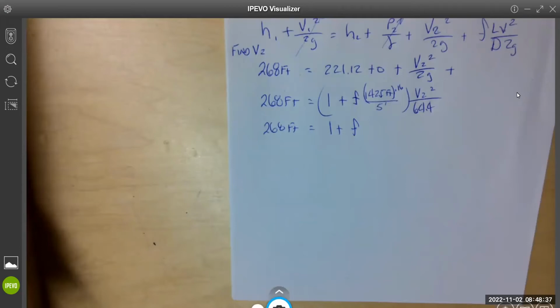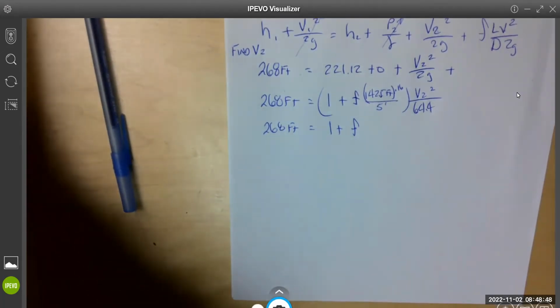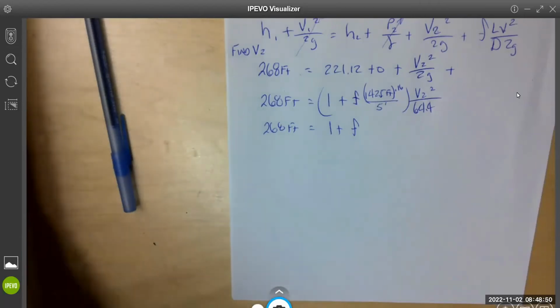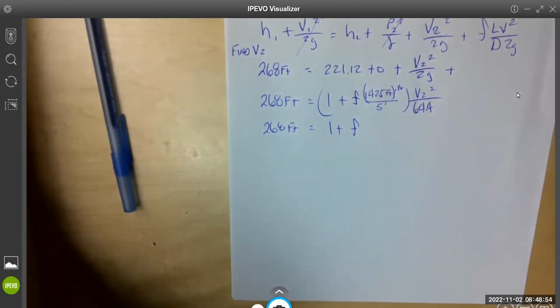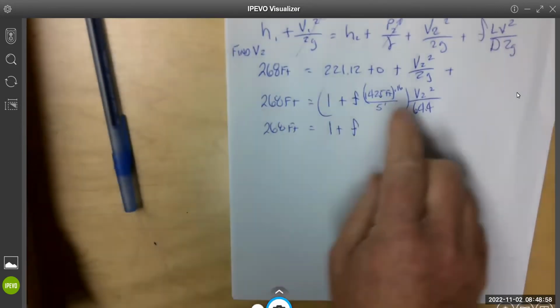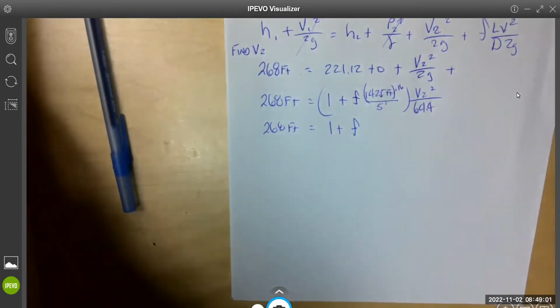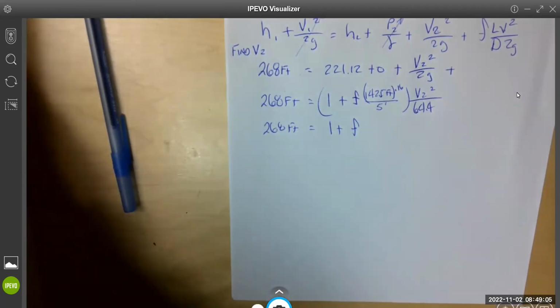I have no calculator. That's disappointing. All right, guess I got a phone with a calculator, don't I? Crazy. So 1425.16 divided by 5.